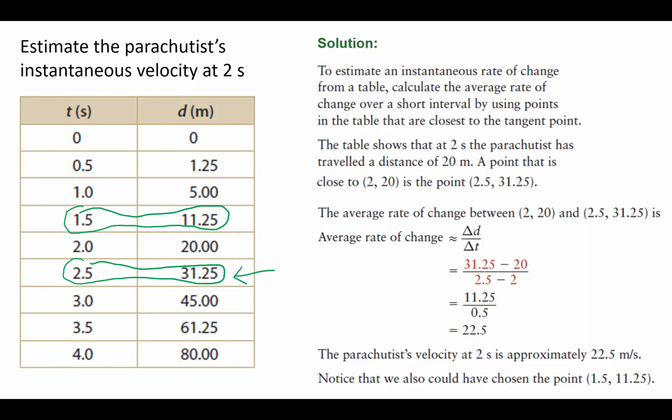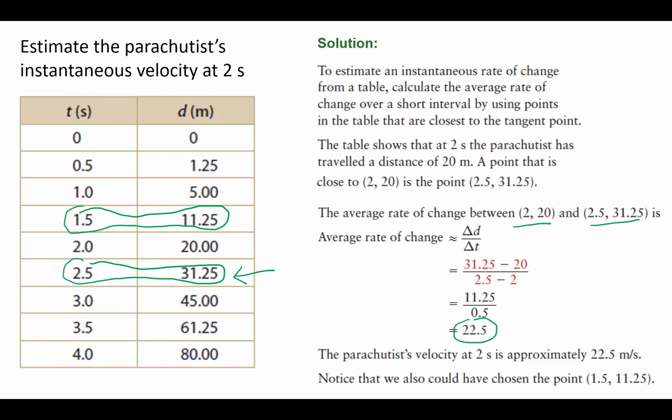Then the average rate of change between these 2 points is delta D over delta T. Delta D is 31.25 minus 20 over 2.5 minus 2, right? And the result is 22.5. So we can use this value. Note here, this value is only an average rate of change between these 2 points, right?